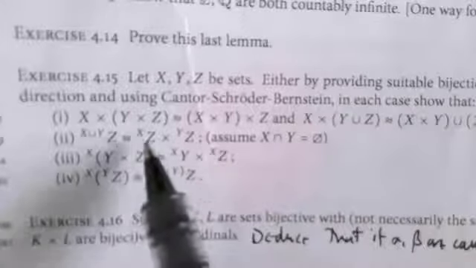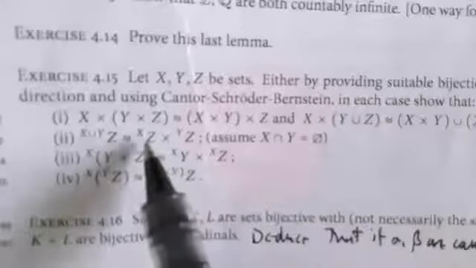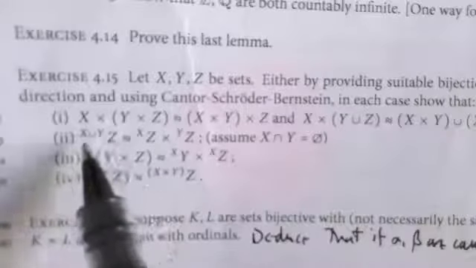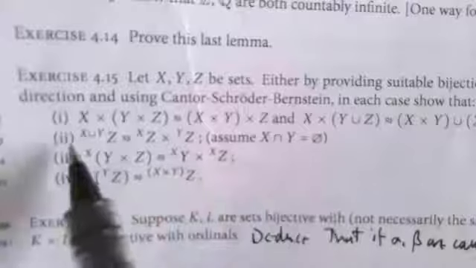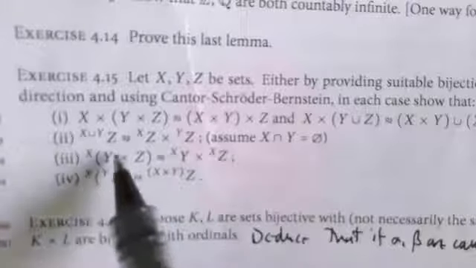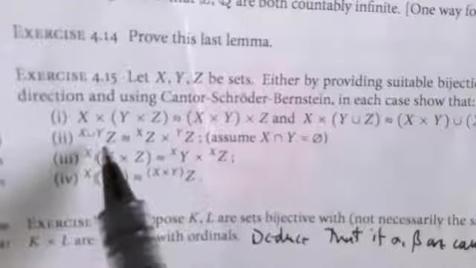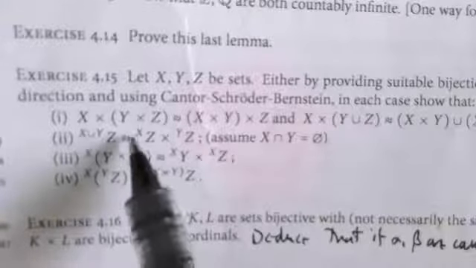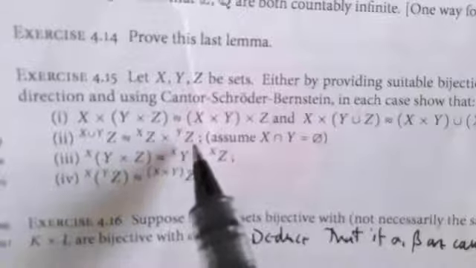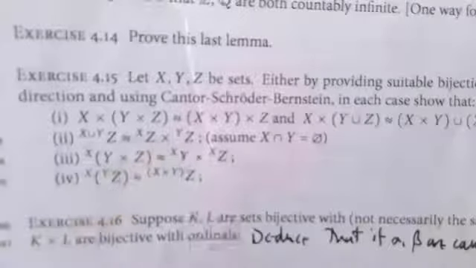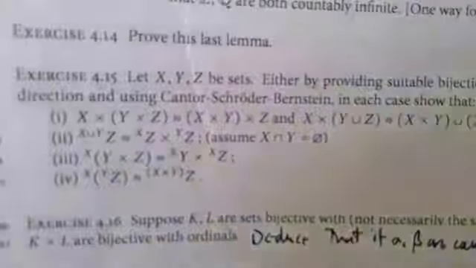Here we had a bijection between the functions from a union of two, well, assumed disjoint sets, x and y into z, was bijective with the functions from x to z, Cartesian product y into z. So we're going to use that here.